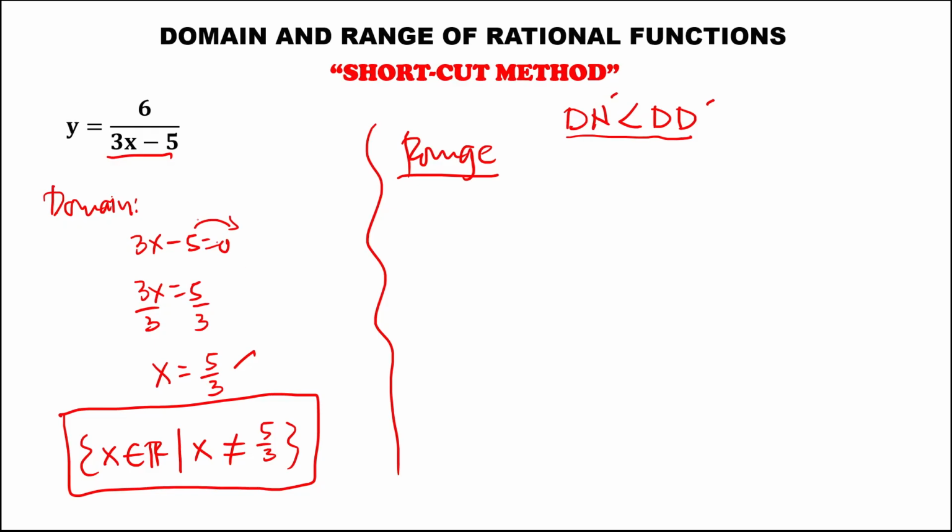Observe from this given, the degree of the denominator is 1 and for the numerator it is 0. Therefore the degree of the numerator is less than the degree of the denominator. So the range is y, element of the real numbers such that y is not equal to 0.